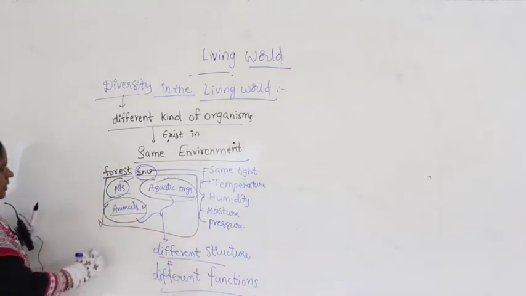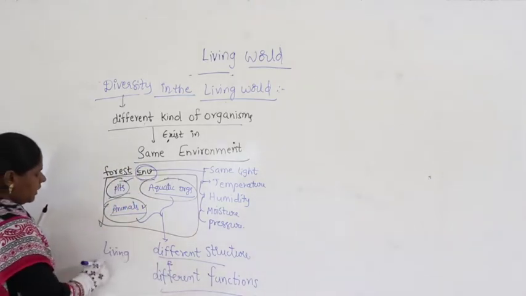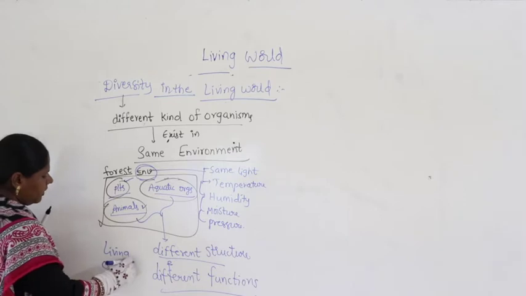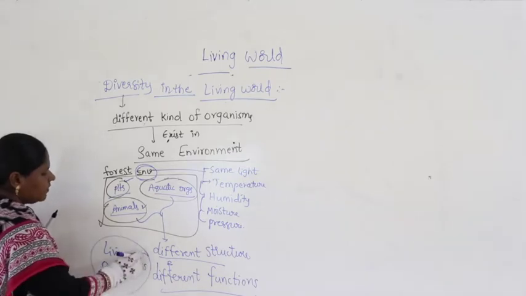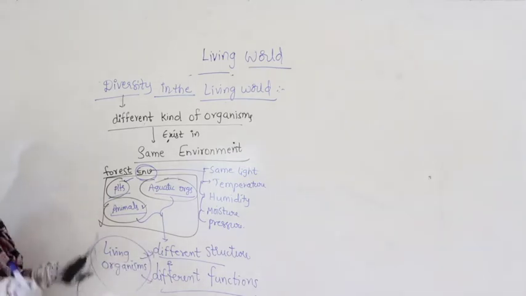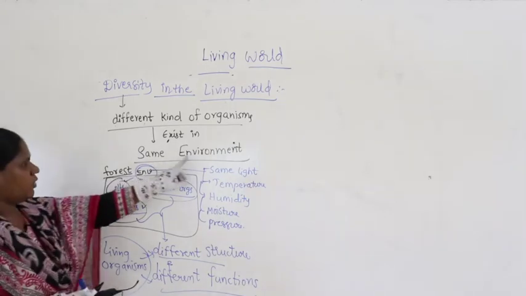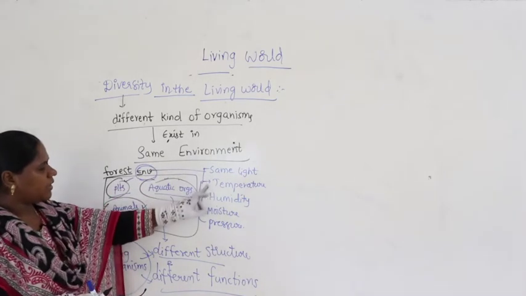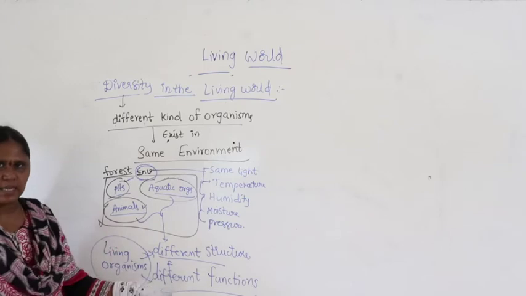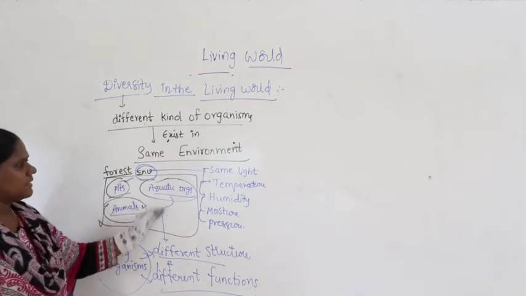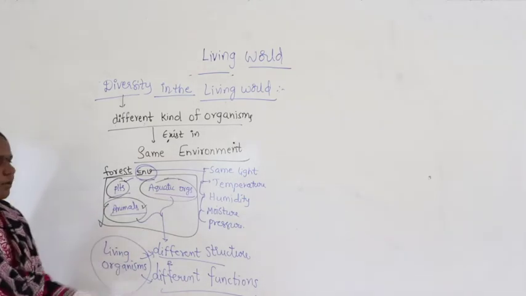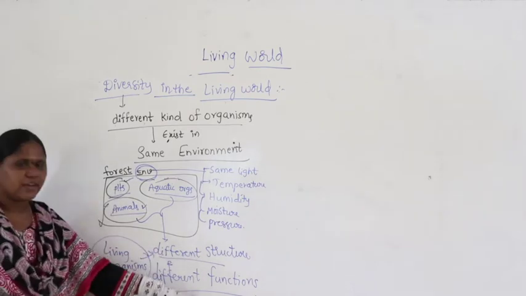Okay, that means the living organisms existing in the same environment, even though they are born and brought up in the same environment, with the same light, temperature, humidity, moisture, everything the same, why do you think they differ in terms of structure and function?